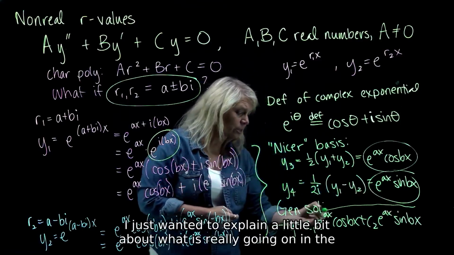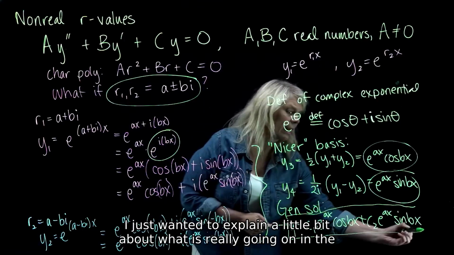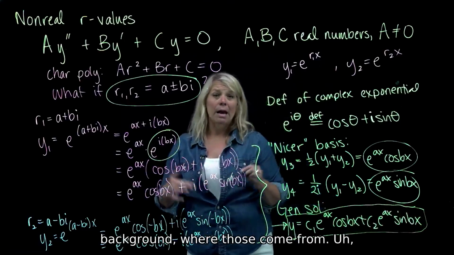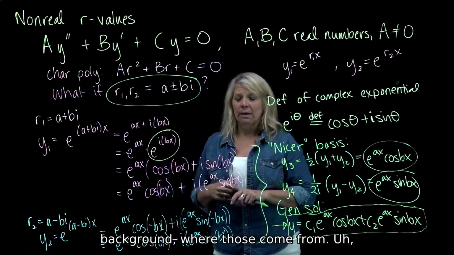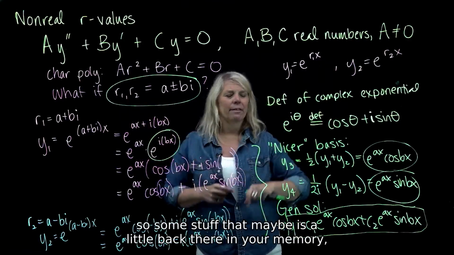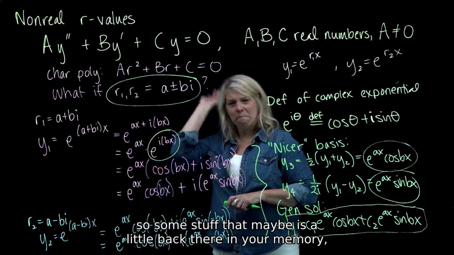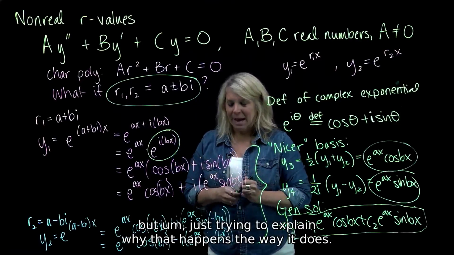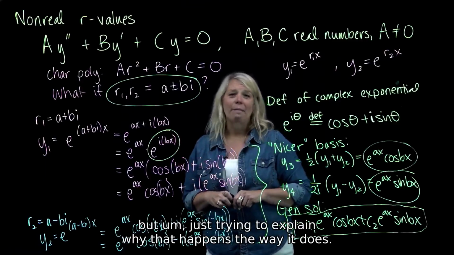So just go straight there. I just wanted to explain a little bit about what is really going on in the background, where those come from. So some stuff that maybe is a little back there in your memory, but just trying to explain why that happens the way it does.